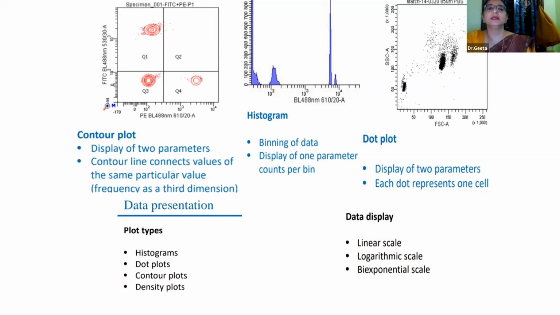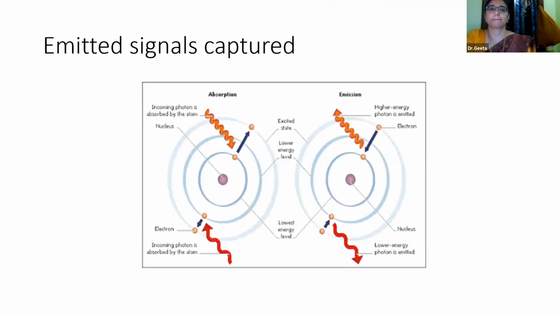This is because the antigen expression over the span of cells may vary from negative to very bright. So to cover the whole spectrum, it is not possible with a linear scale. Therefore, it's always considered better to have a log or a log linear scale. So this again is the emitted signal.